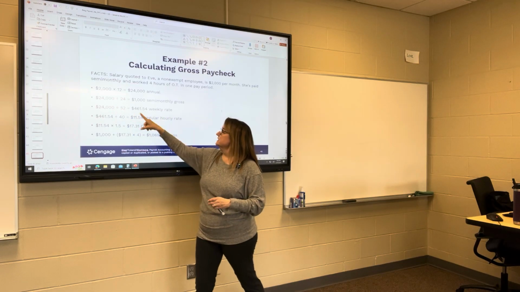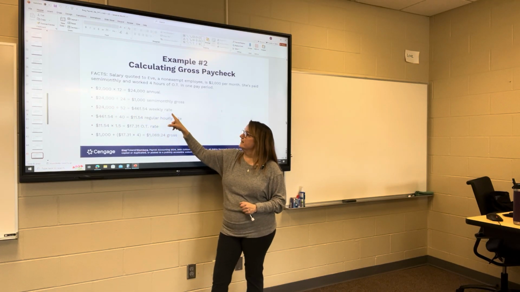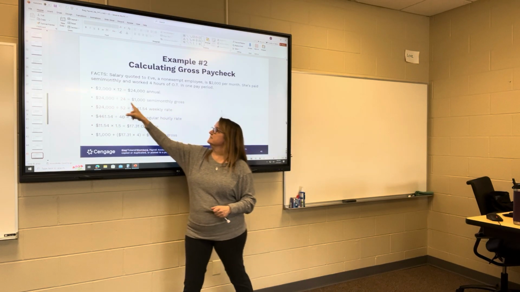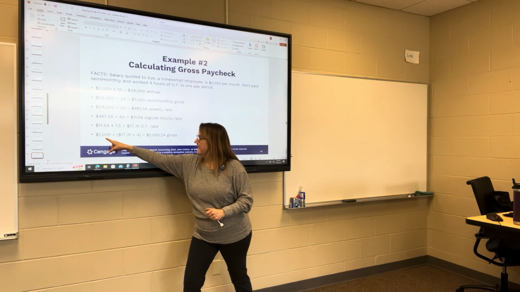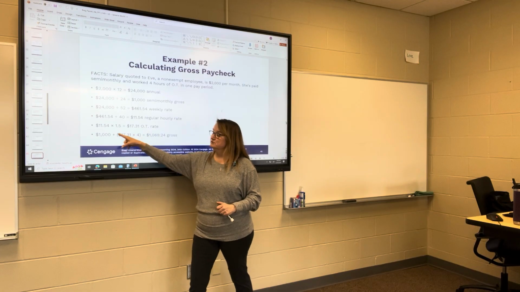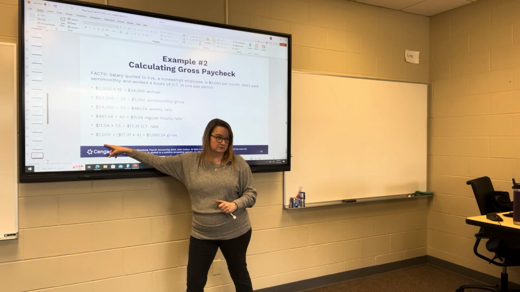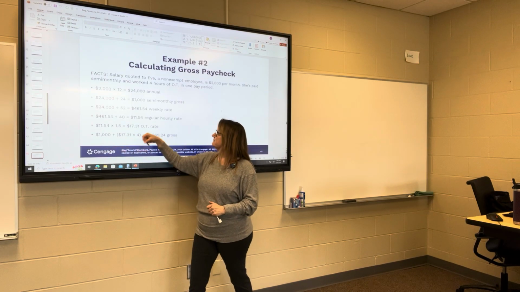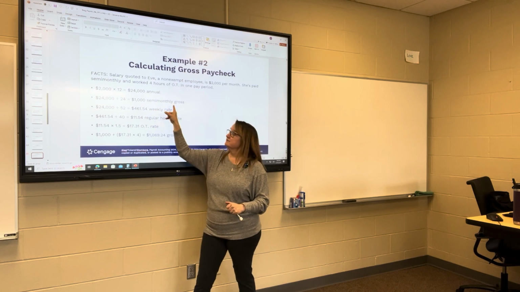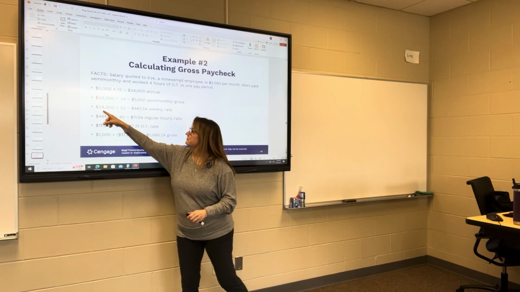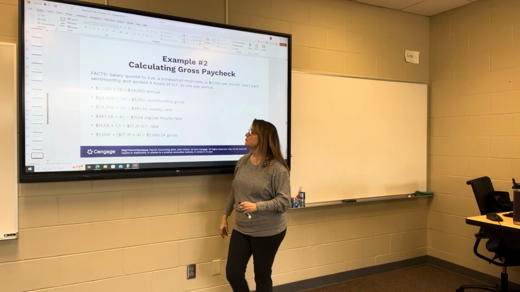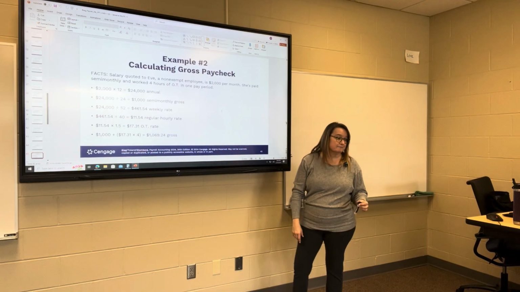Then what we're going to do is figure out what her weekly rate is. This is the reason we did this extra step in here: ultimately we're going to have to add the overtime to what she normally makes in that pay period. I don't know if you noticed that. That was kind of an extra step from the last one. So we're going to take 24,000 divided by 52. She makes $461.54 a week.